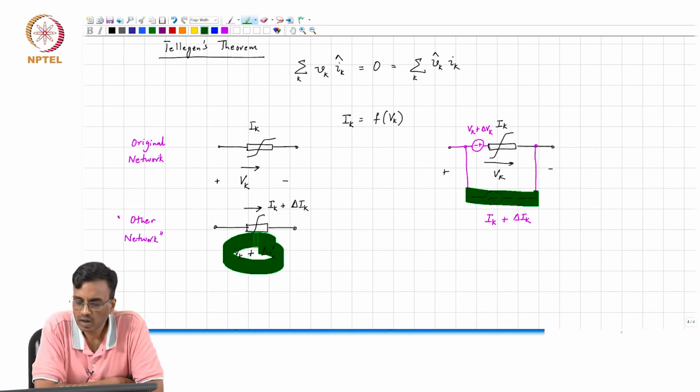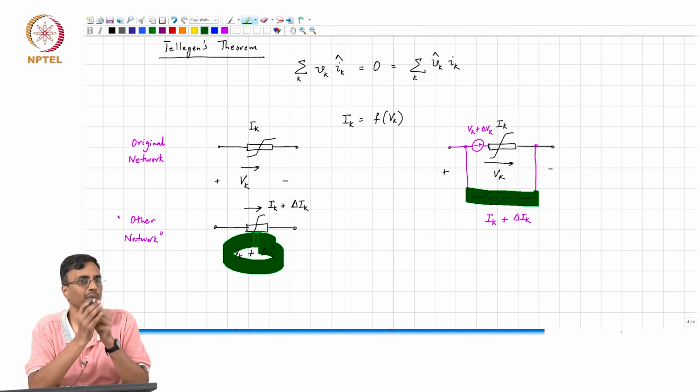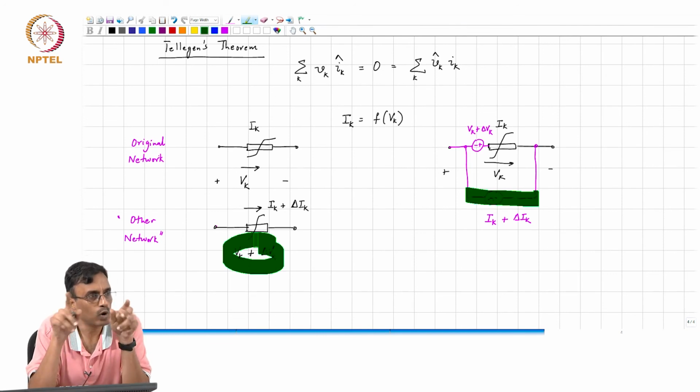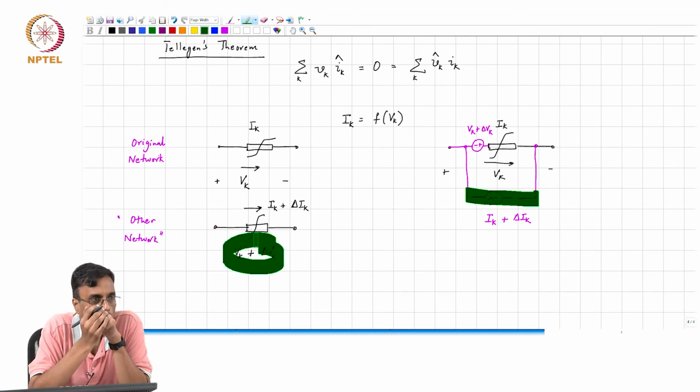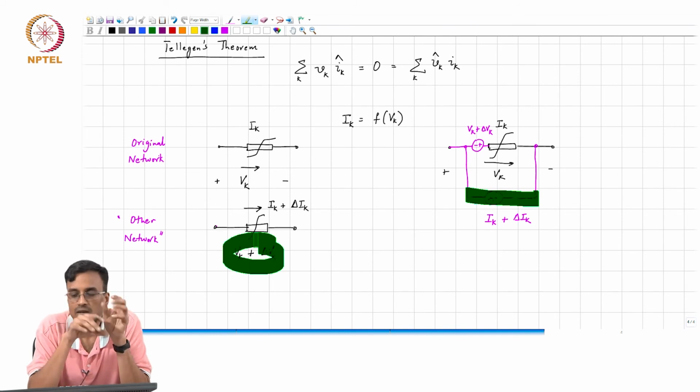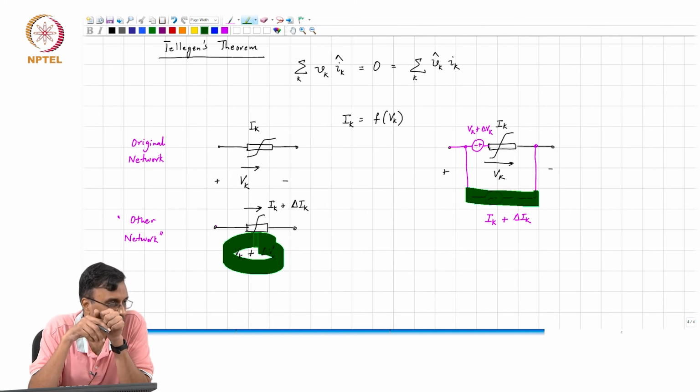So if I do this for every branch, what comment can we make about the net voltage that we've added in every loop? Well, we know that the branch voltages are not some arbitrary branch voltages.